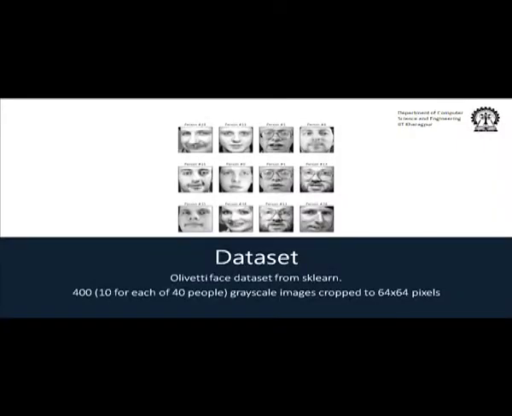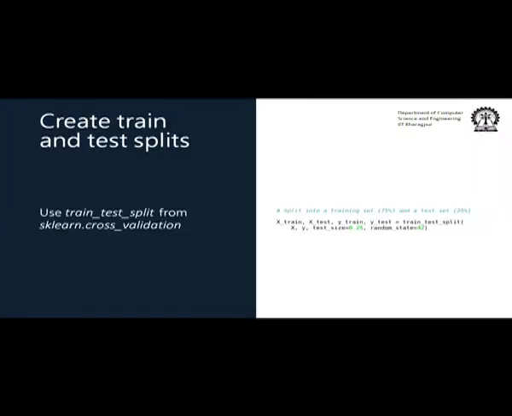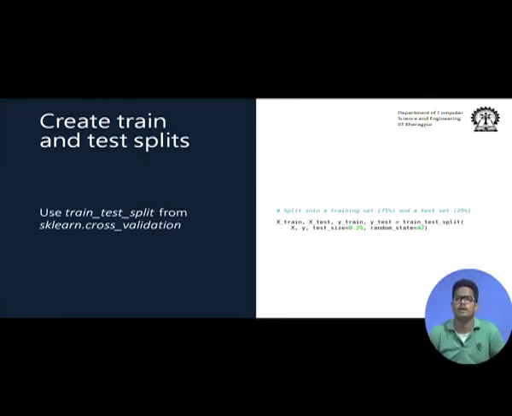So, altogether we have 400 faces, and these faces have been cropped to a size of 64 cross 64 pixels. Next we make our train and test split, 75% training data, 25% test data, and we use the train_test_split function of sklearn.cross_validation for doing this exercise.